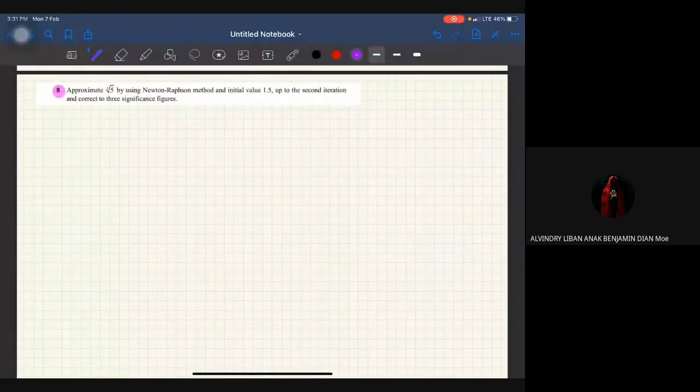Approximate cube root 5 by using Newton-Raphson method and initial value 1.5 up to the second iteration. Dekat sini dia suruh kita approximate nilai untuk cube root 5.